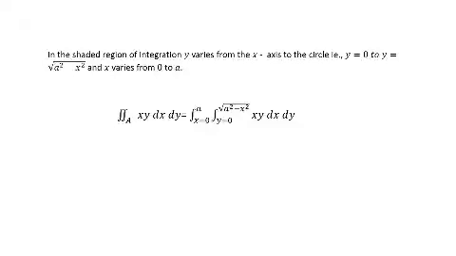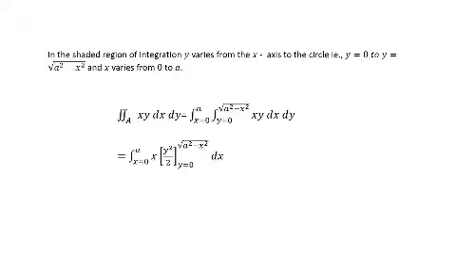So thus the double integral of xy dx dy over the area A is the integral x equal to 0 to a, integral y equal to 0 to root of a square minus x square of xy dx dy. Now let us integrate first with respect to y. Since the inner limit is for y, we shall integrate first with respect to y.